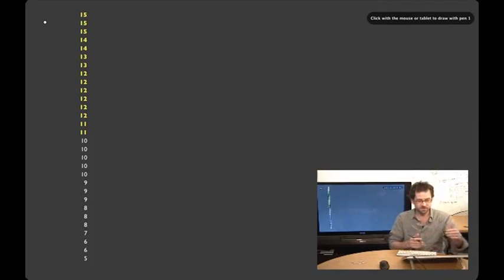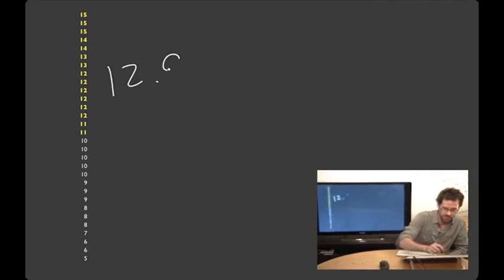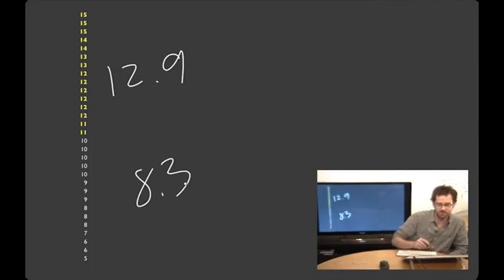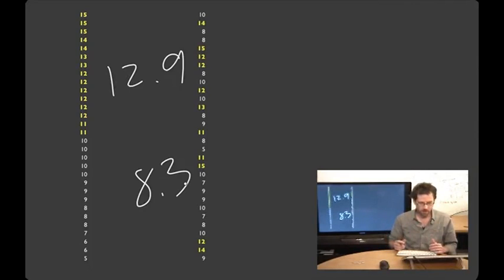And what we can see if we rank them by number is, it turns out actually 15 of them had a head tendency, 15 had a tail, and the average of the heads is 12.9, and the average of our tail tendencies is 8.3.